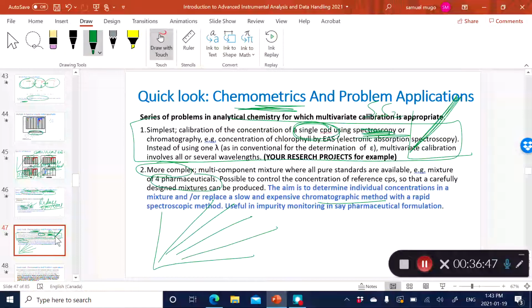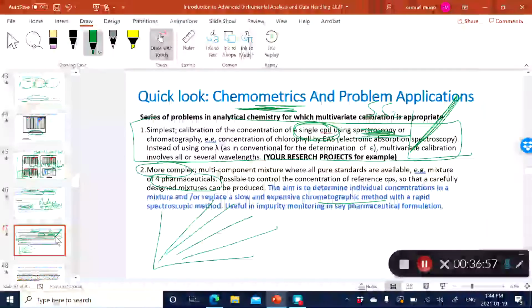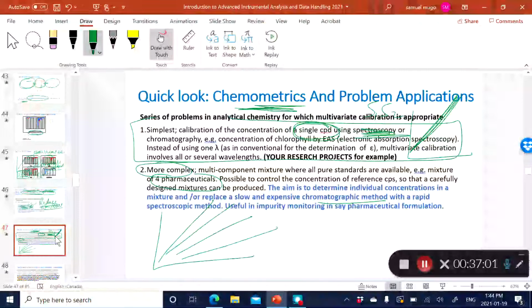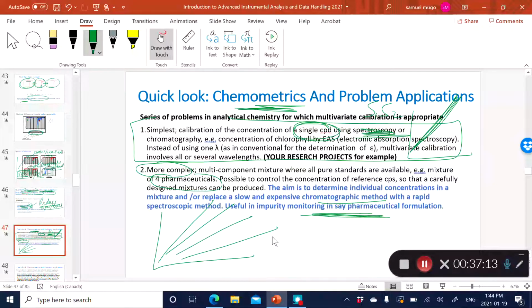And so based on that, I can analyze them in different proportions, make standards in different proportions, and use statistical tools like SPSS, Excel, and so on, to build the best regression model for each of the compounds in the mixture. So very, very useful, if I don't want to do chromatography, which takes a lot of time, and very useful also if I'm trying to detect any impurities, say in pharmaceutical formulations.